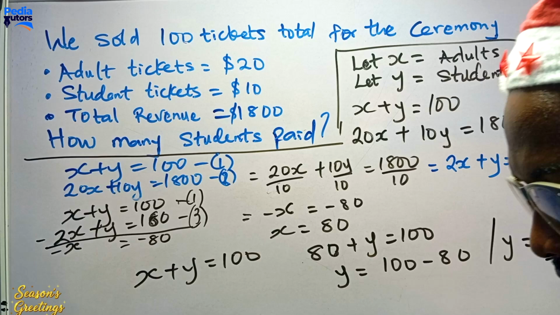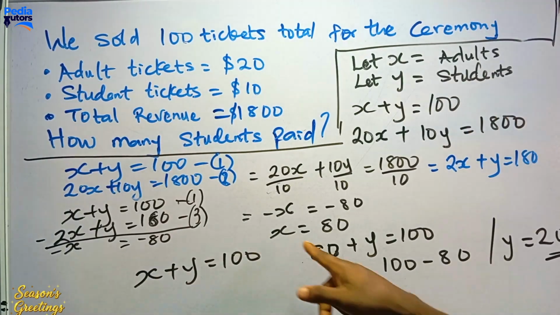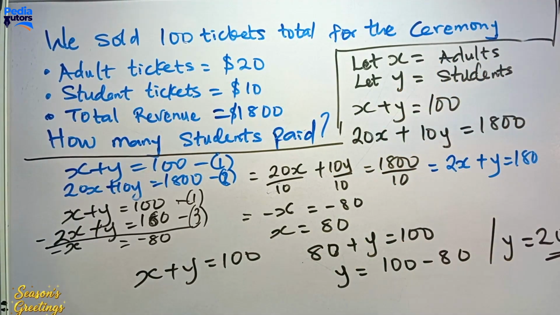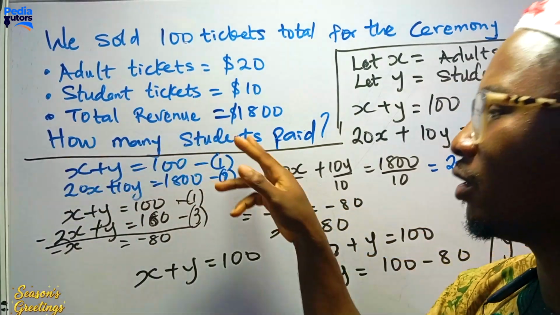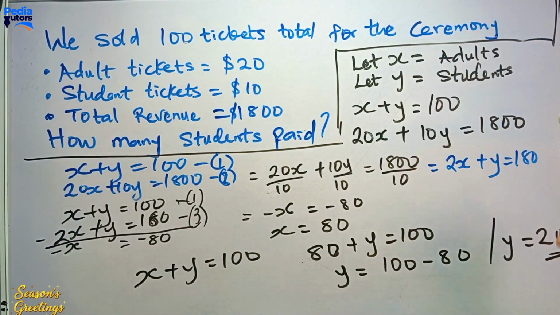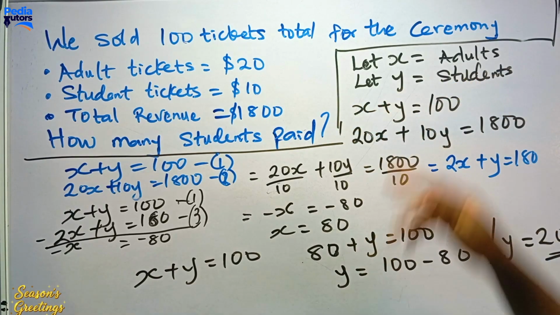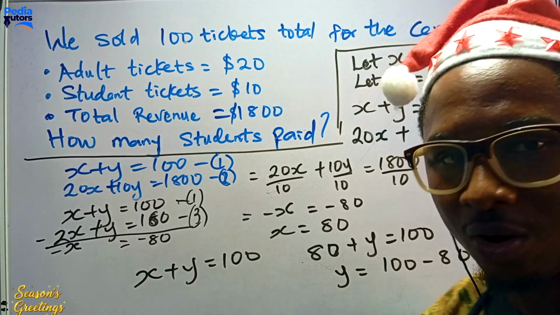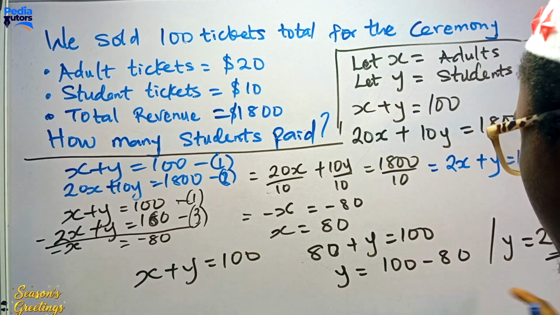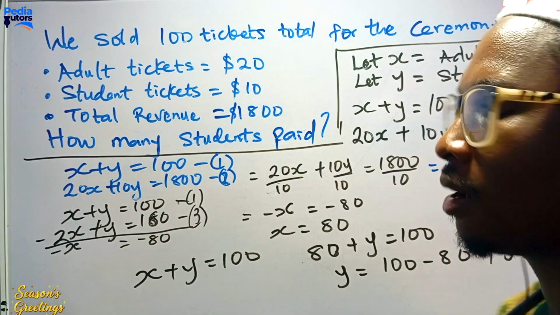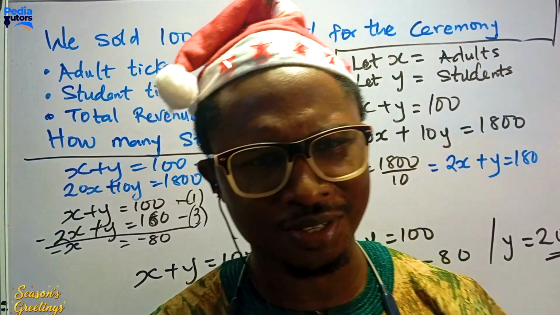That means we have 80 adults and 20 students. To answer the question, how many students paid? Only 20 students paid, because y represented the number of students. So definitely 20 students made the payment, and that is what we have for today.